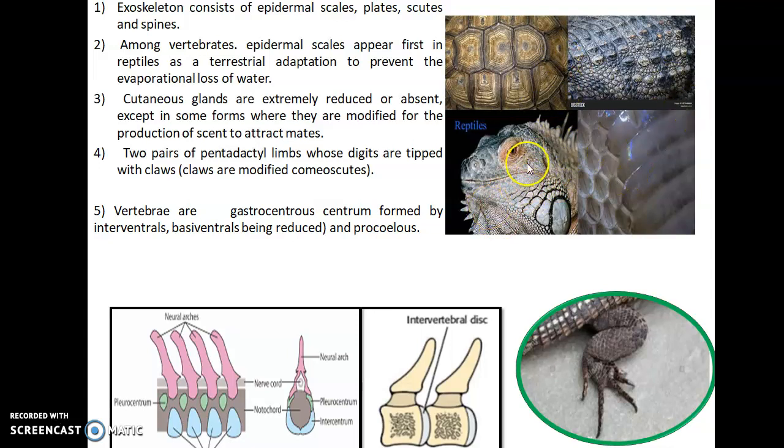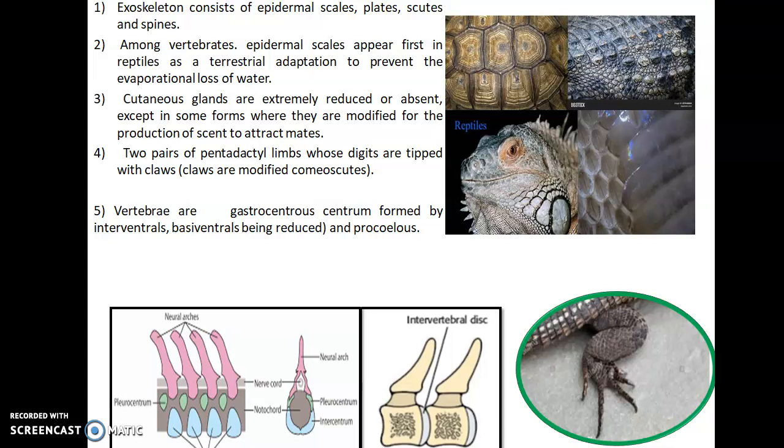The exoskeletons of all these organisms vary, but they are simply modified epidermal scales. Among vertebrates, epidermal scales appear first in the reptiles, as a terrestrial adaptation to prevent evaporation loss of water. When we analyze the evolutionary period before Reptilia, which organisms had evolved?